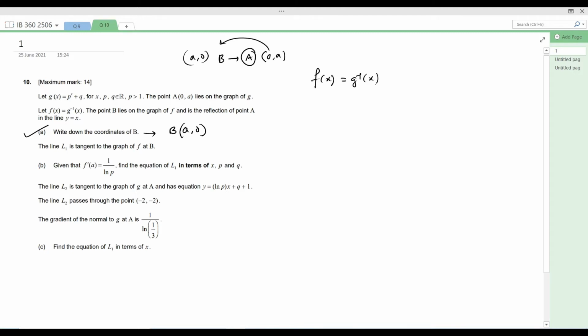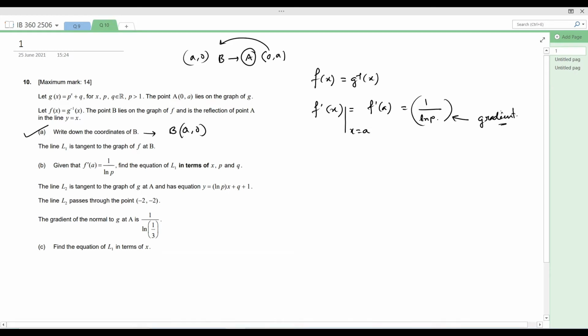It is given that f dash x at B, that is at x equals a, f dash a equals 1 by ln p. It is already given, so this particular thing is the gradient.